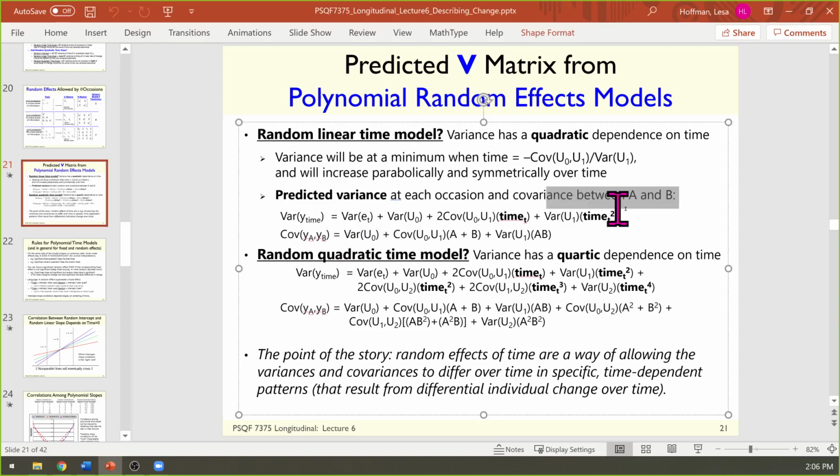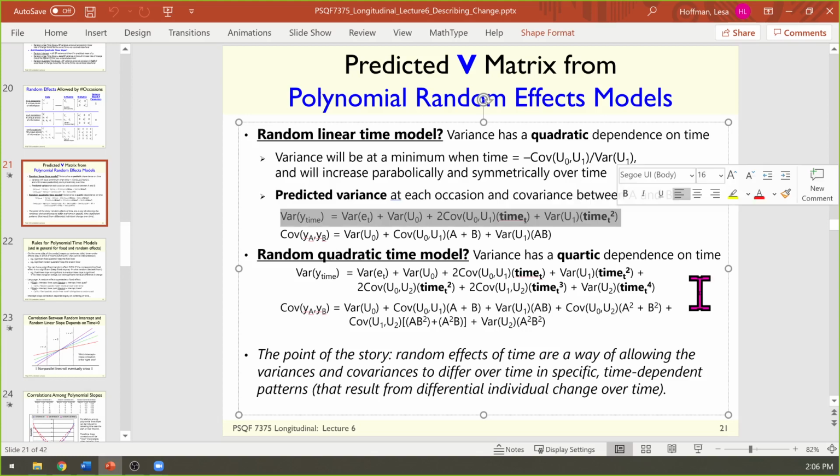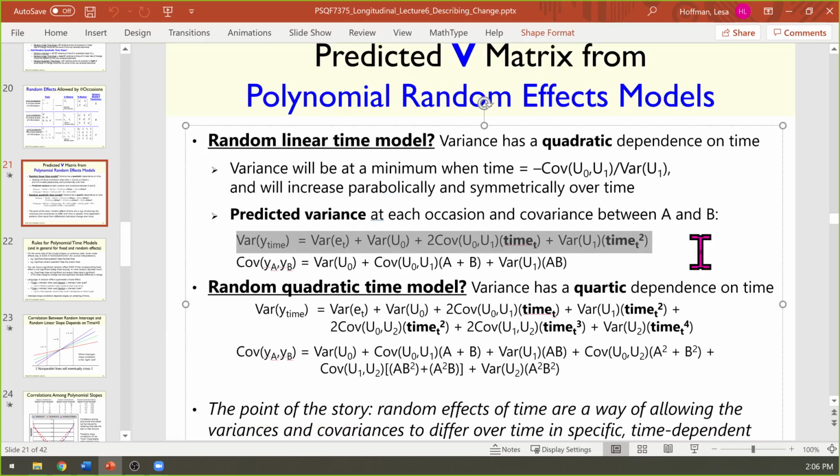The variance at each occasion when you add random linear time looks like that. So it changes as a function of the specific time values each person has. So it's a custom V matrix for each person. That's how it handles unbalanced occasions, because the way that the variance changes is as a smooth function.